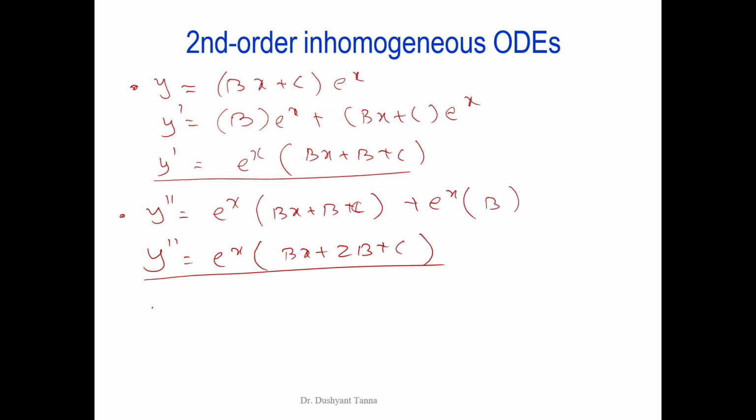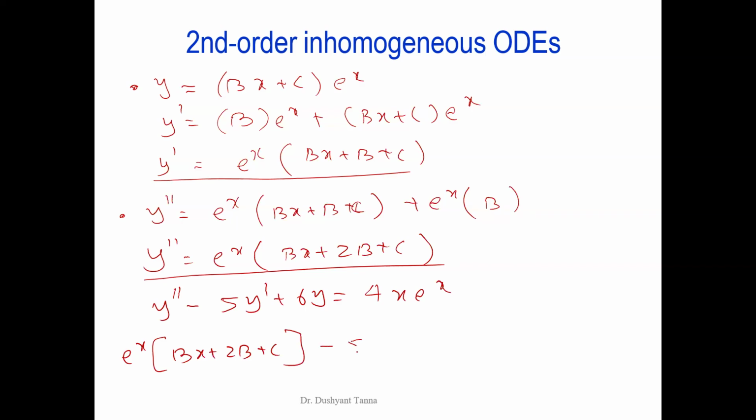Right? Now, our equation is y double dash minus 5y dash plus 6y is equal to 4x e raised to x. Let's plug everything in. So e power x (Bx plus 2B plus C) minus 5e^x (Bx plus B plus C) plus 6y, which is 6e^x (Bx plus C), is equal to 4x e power x.